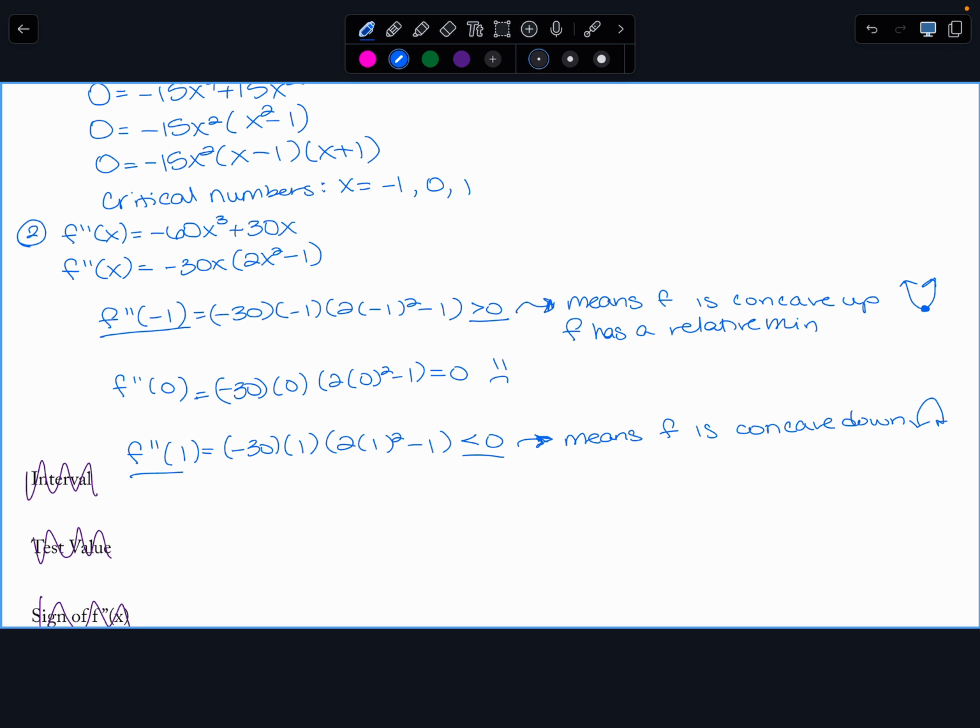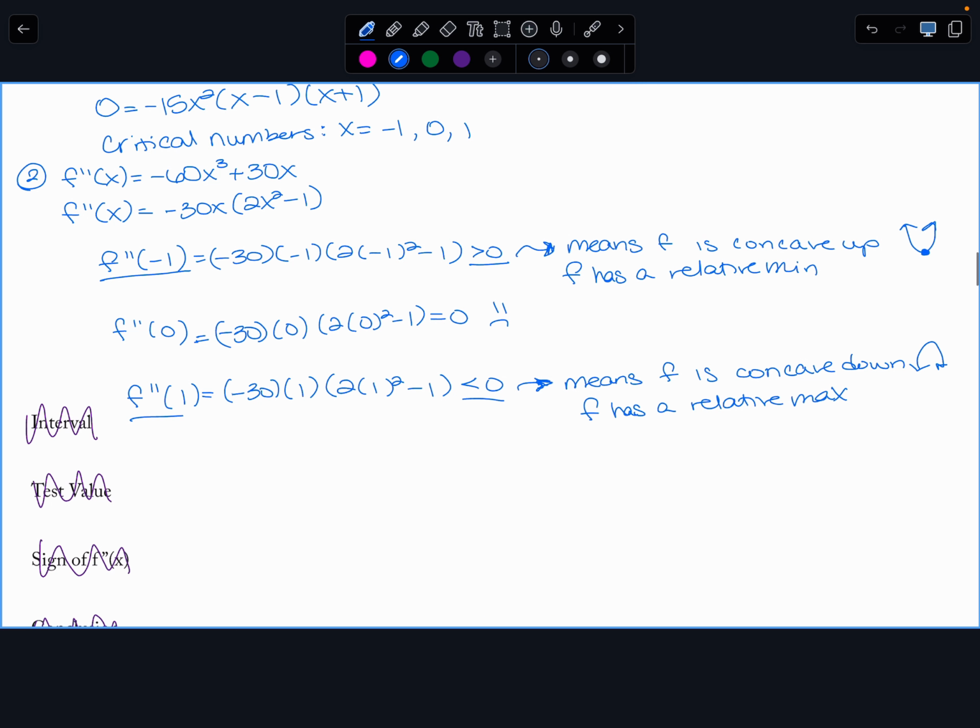So it looks like a frowny face parabola, which means f has a relative max. So I would have to figure out the corresponding y values, but we won't do that yet.